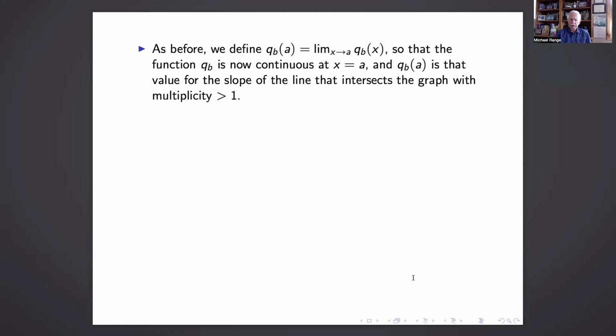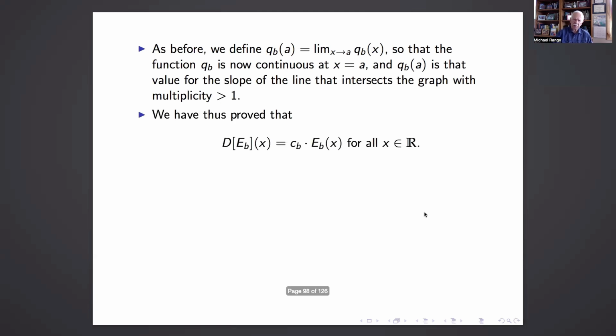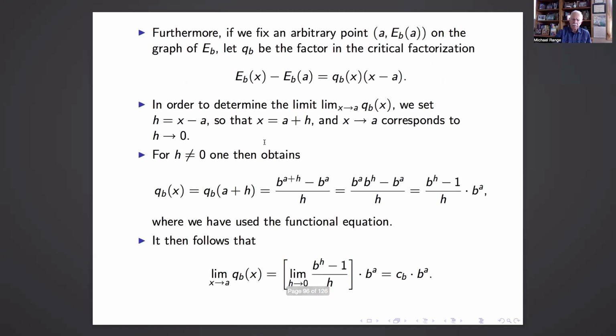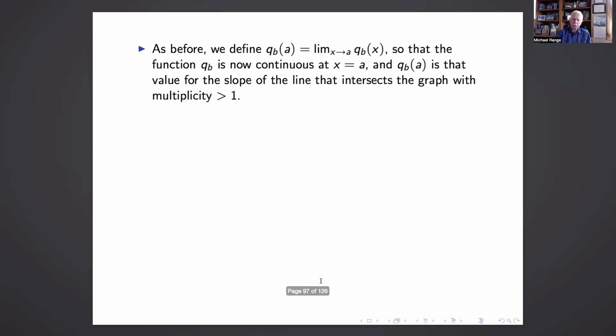So that makes the function q sub b continuous at x equals a, and q sub b at a is the value for the slope of the line that intersects the graph with multiplicity greater than 1. We have thus proved that the derivative of e sub b at x is equal to e sub b at x multiplied with this constant c sub b, which is the limit of (b to the h minus 1) divided by h.